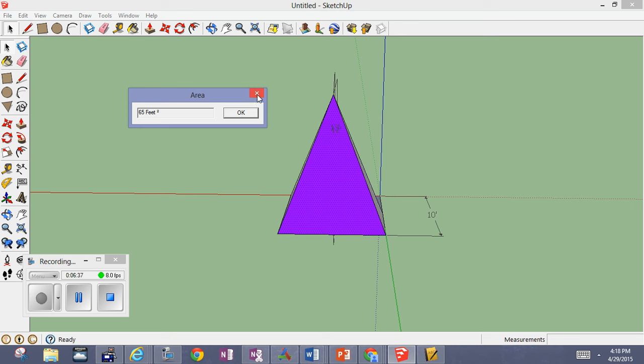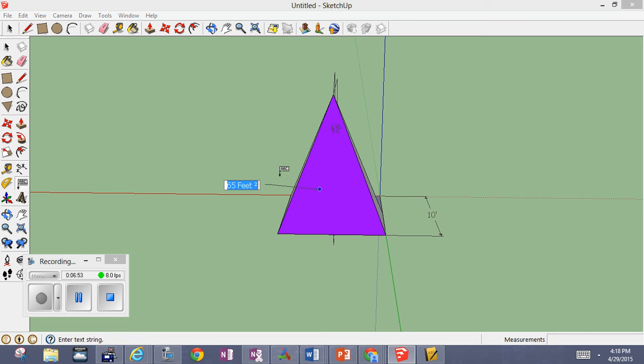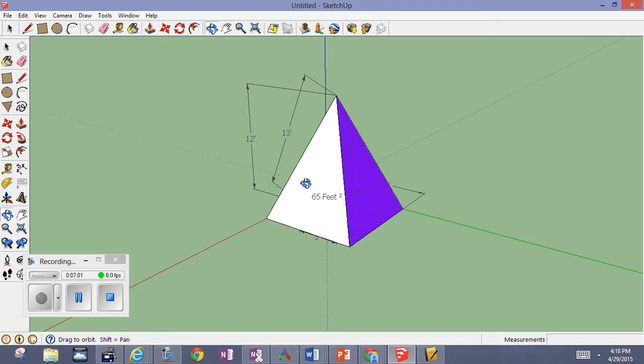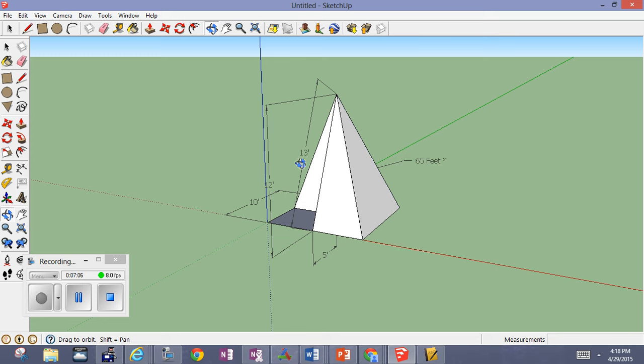That's my area there, but my total lateral area is 4 of those, because there are 4 of those faces. So there's 65 on that side, 65 on the 4 sides. 65, 65 here, and this face, if I completed the triangle, would be 65 as well.